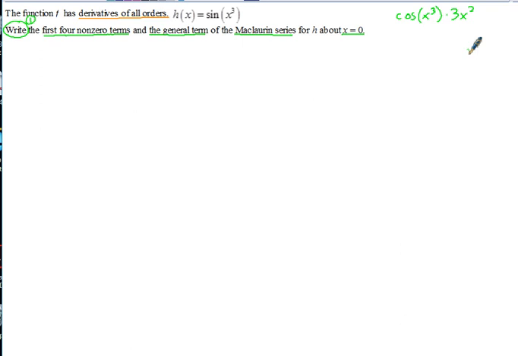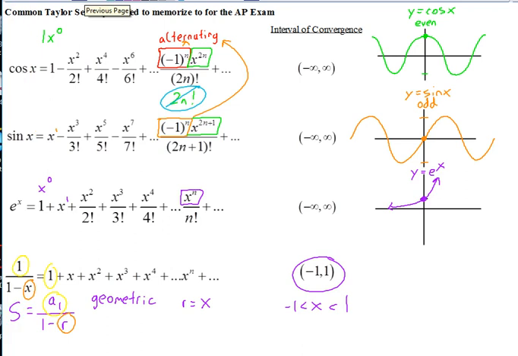Thankfully, if we have the sine Maclaurin series memorized, we can just adapt it. Because notice, the only difference is we've got x cubed there instead of just x. So if we look back at sine, remember sine is the odd function, so it has all the odd exponents.